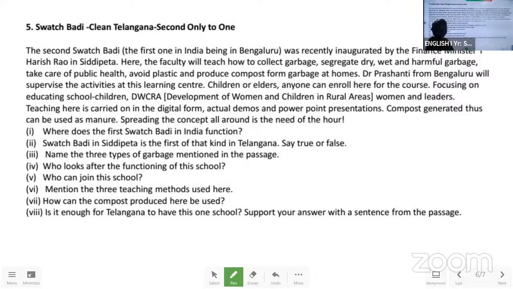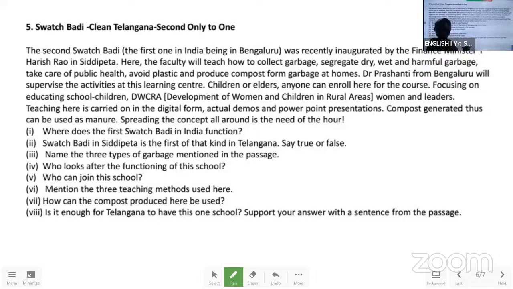Here, the faculty will teach how to collect garbage, segregate dry, wet, and harmful garbage, take care of public health, avoid plastic, and produce compost from garbage at homes. Sorry, children, a spelling error.